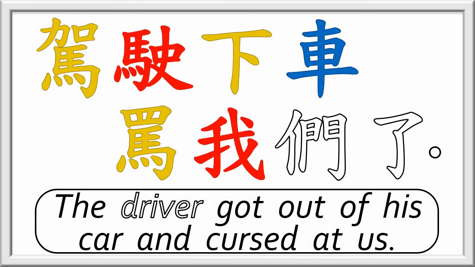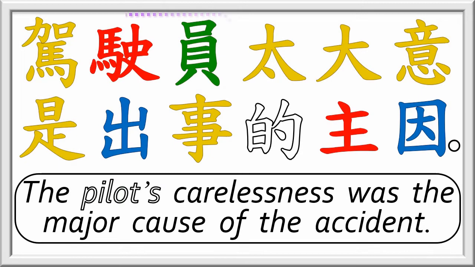This sentence could also be rendered as 你的开车技术如何? 驾驶下车骂我们了. The driver got out of his car and cursed at us. 驾驶员太大意，是出事的主因. The pilot's carelessness was the major cause of the accident.